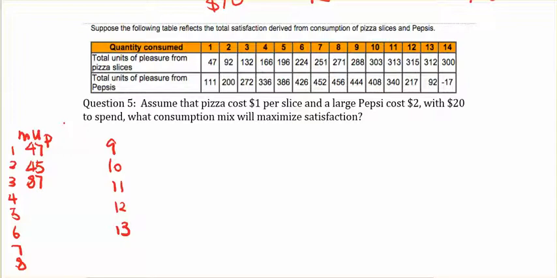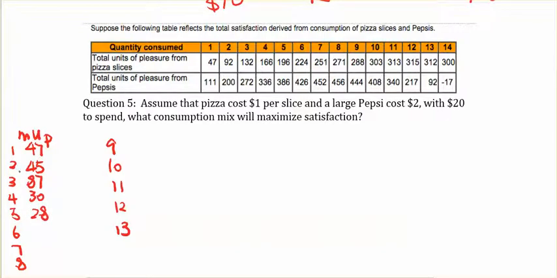So you do the same thing for the rest of them. Then 196 minus 166, and you get 30. The next, 224 minus 196, and you get 28.